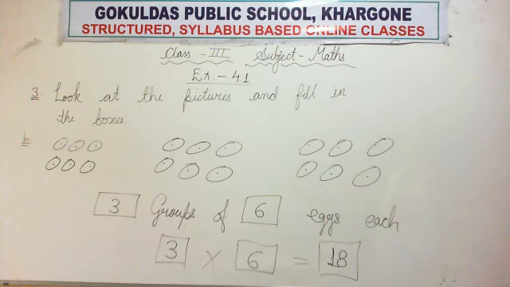So 3 groups of 6 eggs. 3 into 6 means 6 plus 6 and plus 6. So 6 plus 6 is 12 and 12 plus 6 is 18. So 3 into 6 is equal to 18.